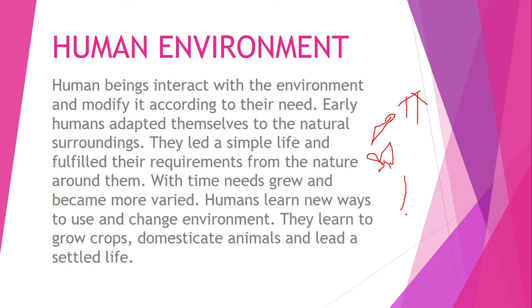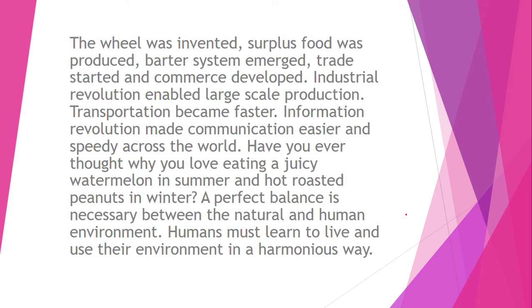Our eyes also, when you are going to sleep and the lights are switched off, for the first few seconds it would be very dark, but our eyes adapt to the dark so that we can see the small items in the dark. So humans interact with the environment and modify it according to their needs.